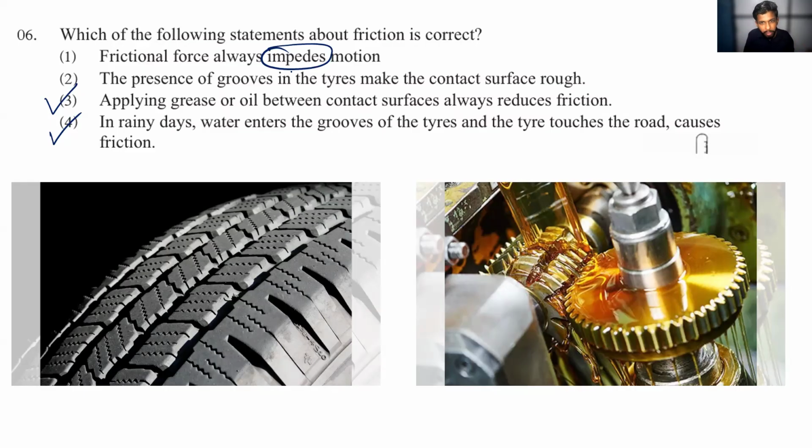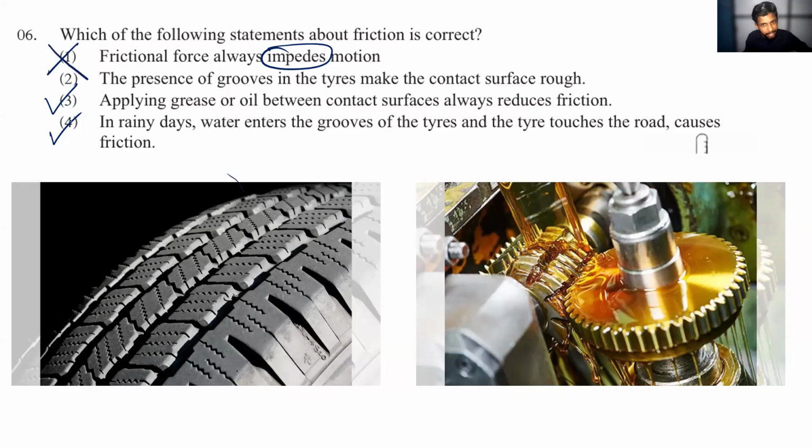So option one, we can't say that is correct, because it always blocks the motion, okay, fine, but we can't say it always causes a disadvantage. It causes the advantage because when you are walking, we need the friction. If you want to stop the vehicle, we need the friction. So option number one is wrong.